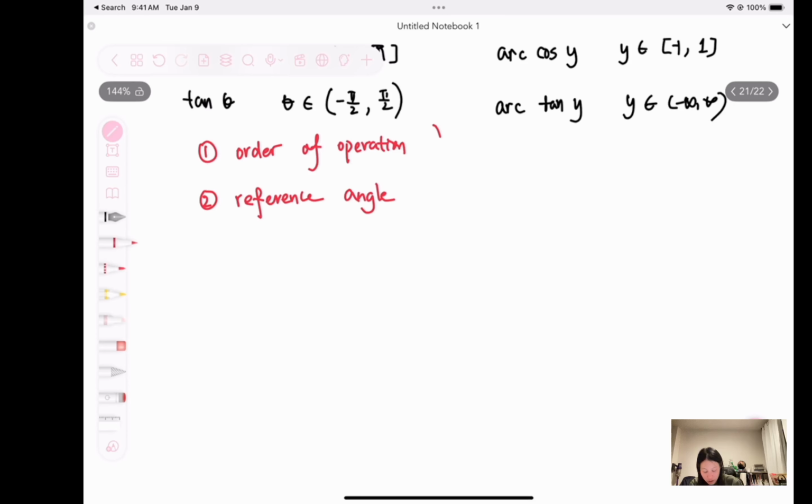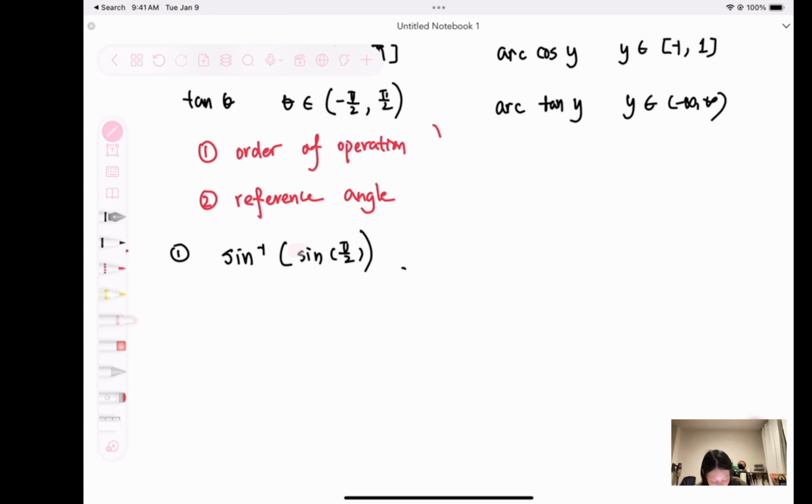Now, let's try this. The first one, sine inverse of sine pi over 2, let's say this is equal to what? First, we need to follow the order of operation.